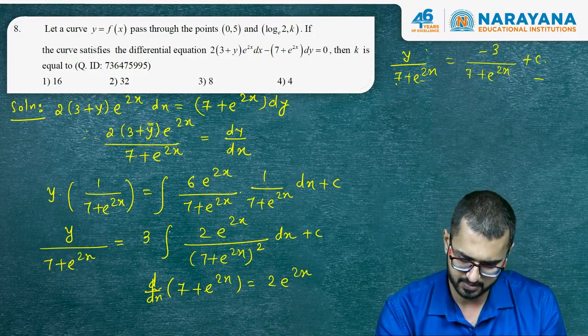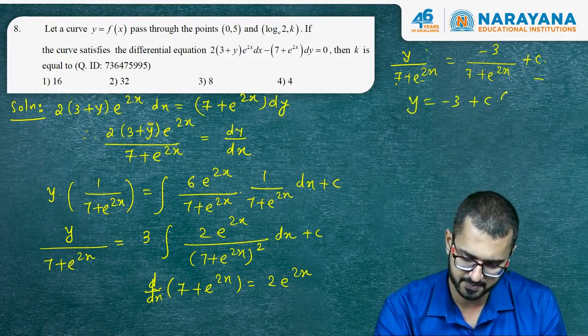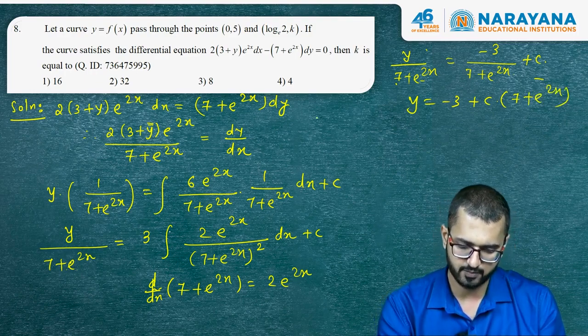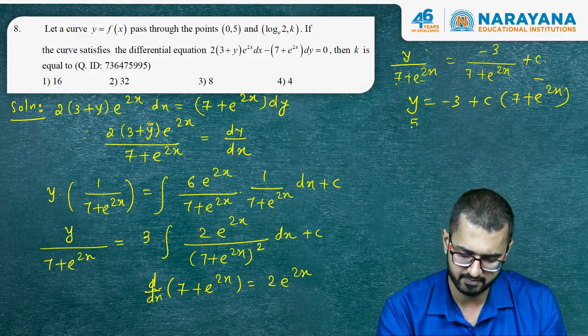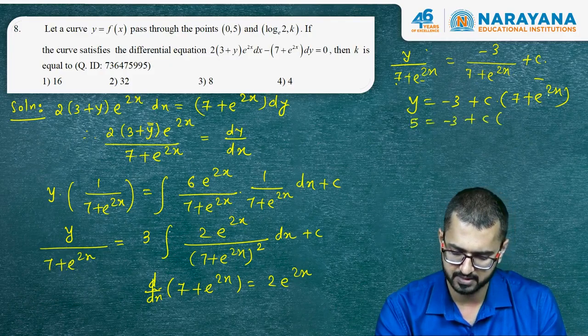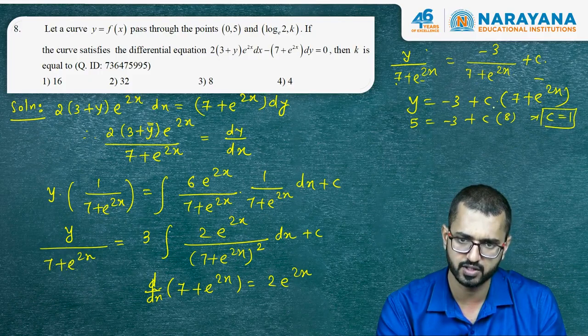So this turns out to be y is equal to minus 3 plus c times 7 plus e power 2x. Now my curve passes through 0 comma 5, so we write 5 is equal to minus 3 plus c into 7 plus 1, which is 8. So from here we get c equal to 1. That means the presence of c is not required.